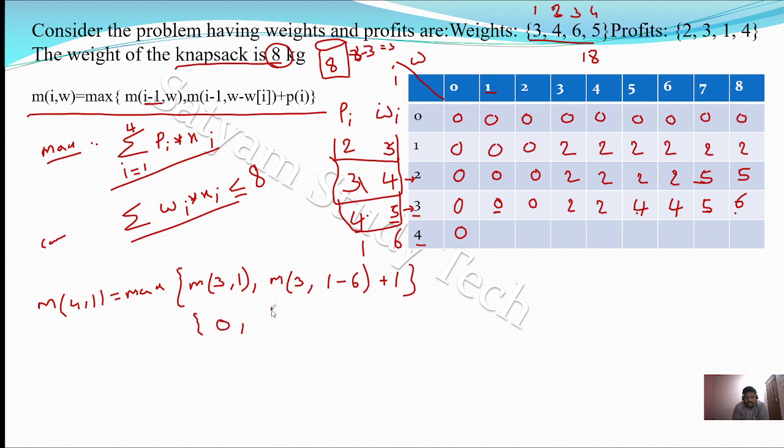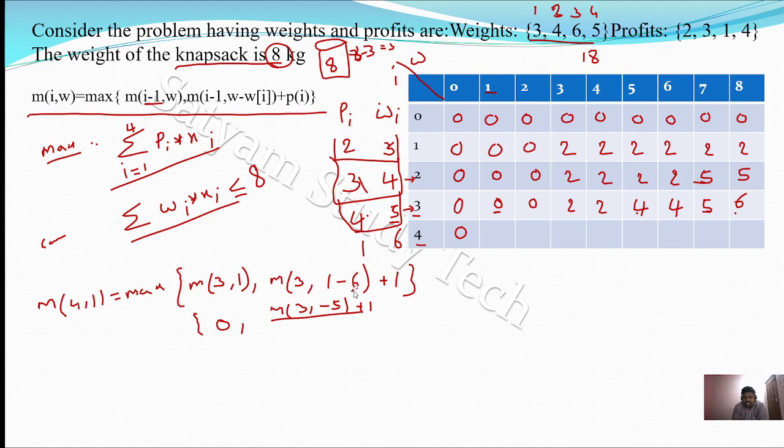In this case m of (3, 1 minus 6) is minus 5, plus 1 here. There is no such location in this table. Negative index is not there in the table, that's why you consider it only up to this one.